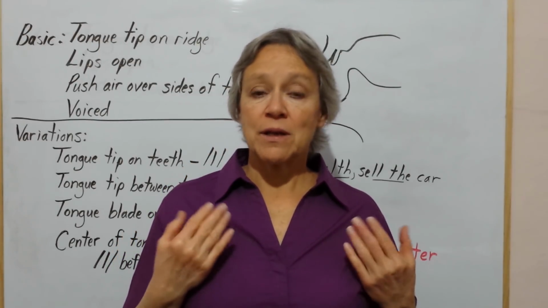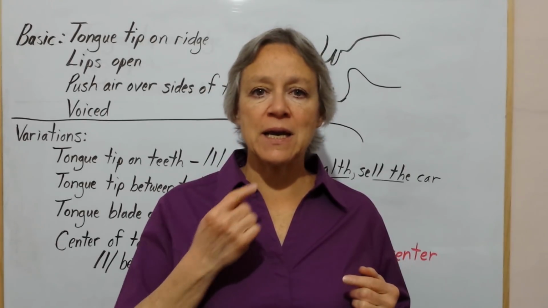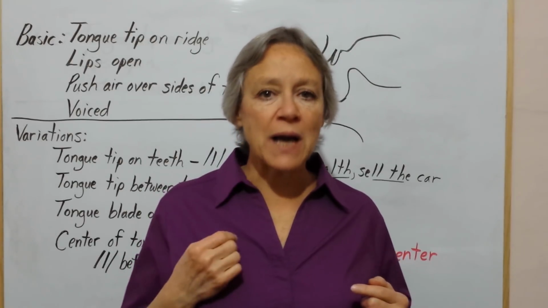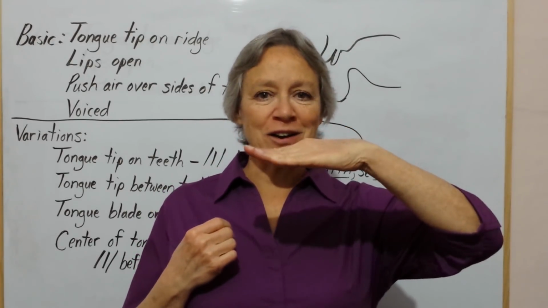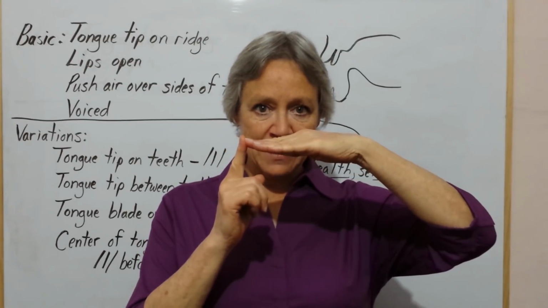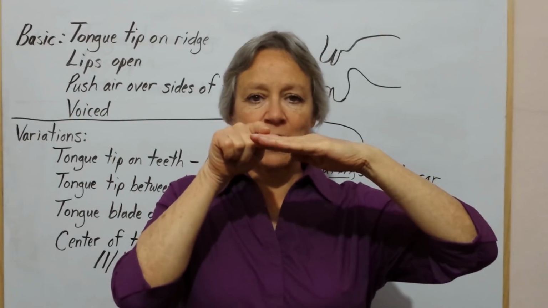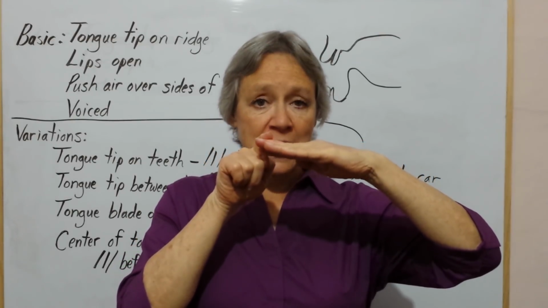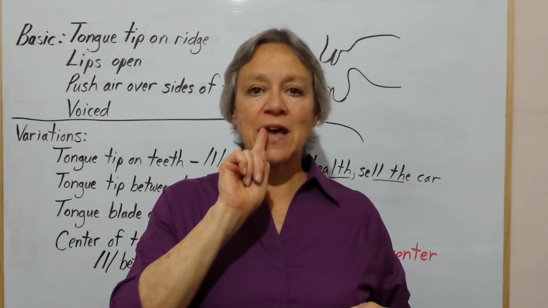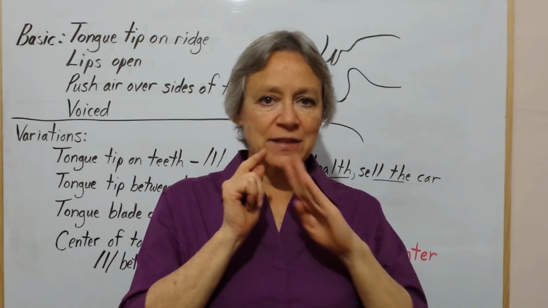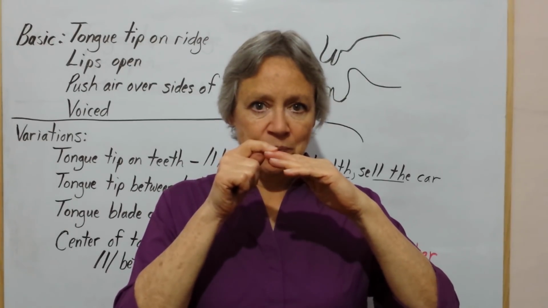Sometimes we put the blade of the tongue, and the blade is the part just behind the tip. If this is my tongue, this is the tip, the very end. The blade is just behind the tip, like the flat part. So sometimes we put the blade of the tongue on that hard ridge, not the tip, but just the blade.